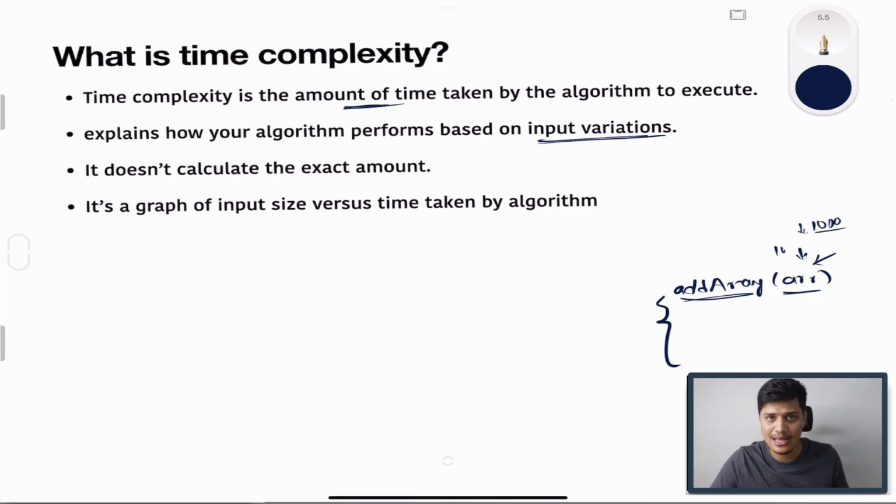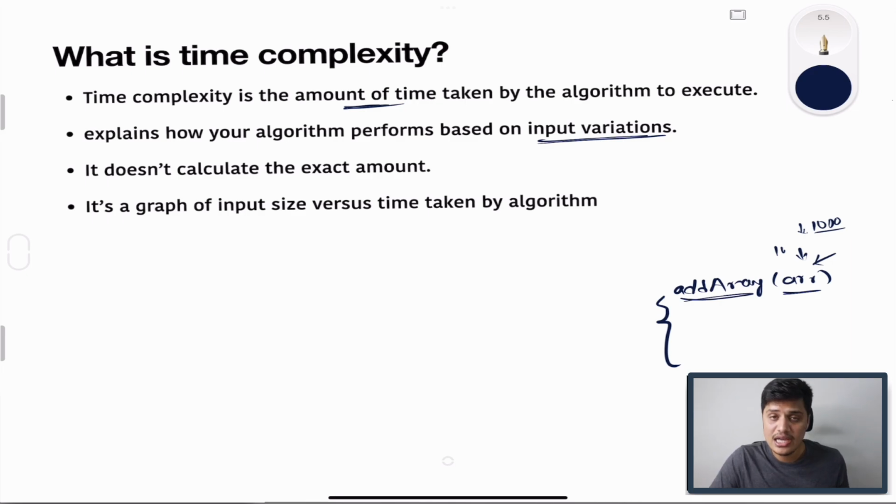So as part of the time complexity analysis, what we want to derive is how our algorithm is going to vary for the different input sizes. Is it going to take the same amount of time even if I pass 1000 values and 10 values, or how is the amount of time taken by the algorithm going to vary based on the different sizes of the input that I am passing for the execution? Okay, so that is the second point.